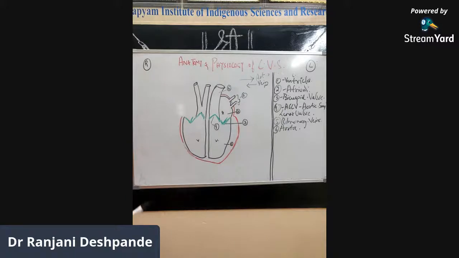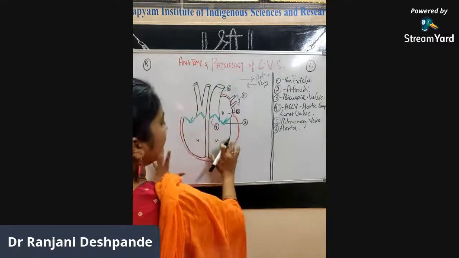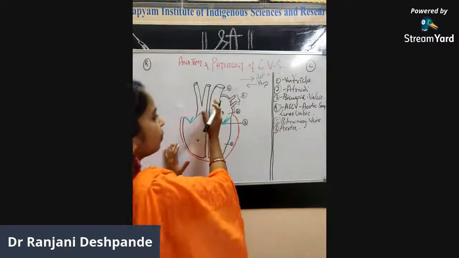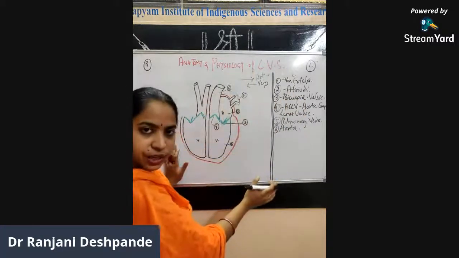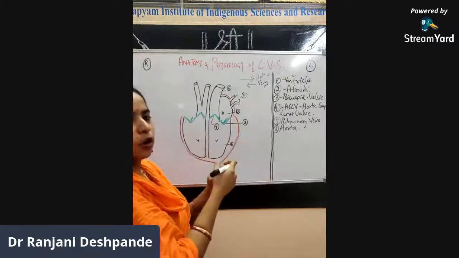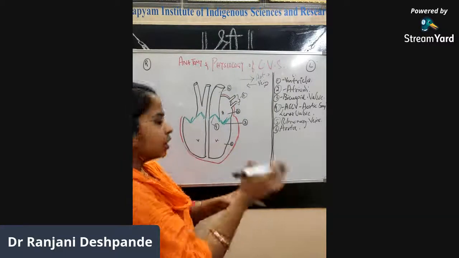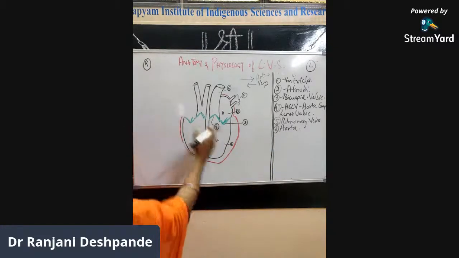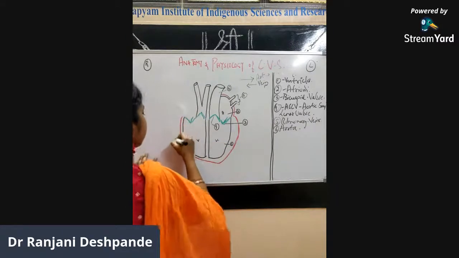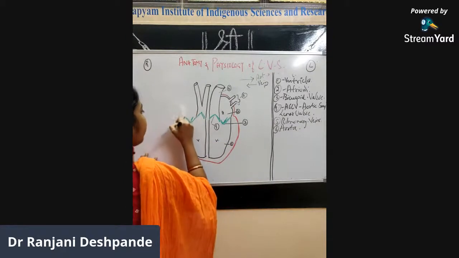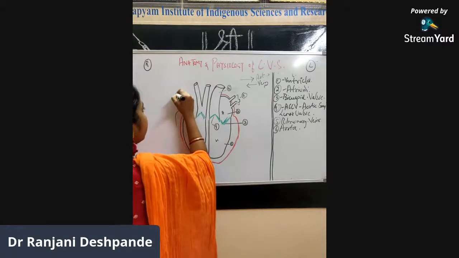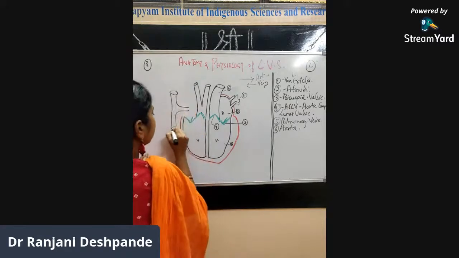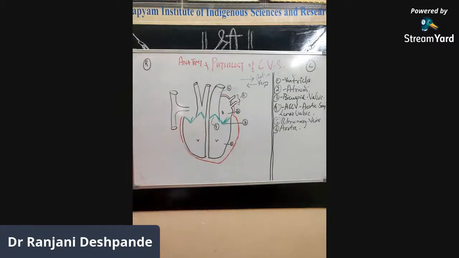Here again, the aorta sends the blood to all the systemic circulation. When the oxygenated blood goes to the systemic circulation, it gives up a little amount of oxygen, not completely, but a little bit. So now this partially deoxygenated blood has to come back to the heart, right?